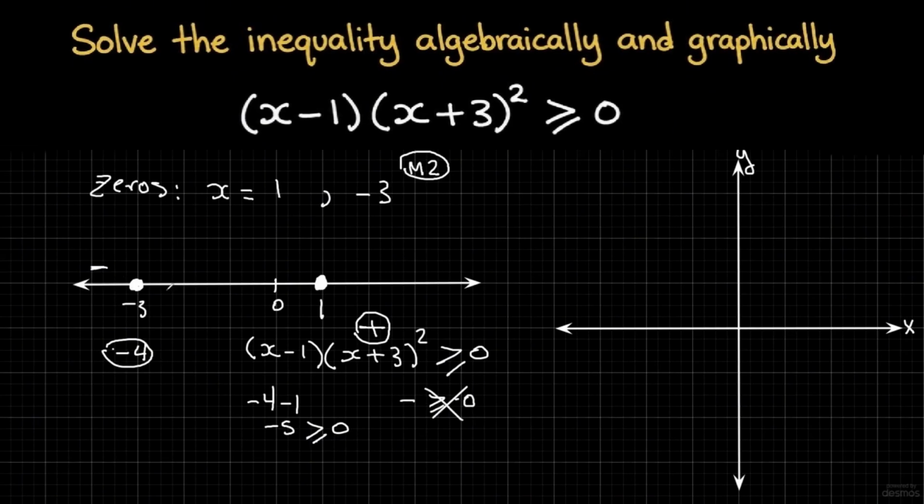How about if we test the third segment, let's say 2, and we're only testing the x minus 1. So 2 minus 1 gives you 1. Is that greater than or equal to 0? Yes. And therefore, we're going to shade that last segment of the line between 1 and infinity. Therefore, our solution is going to be x is greater than or equal to 1.